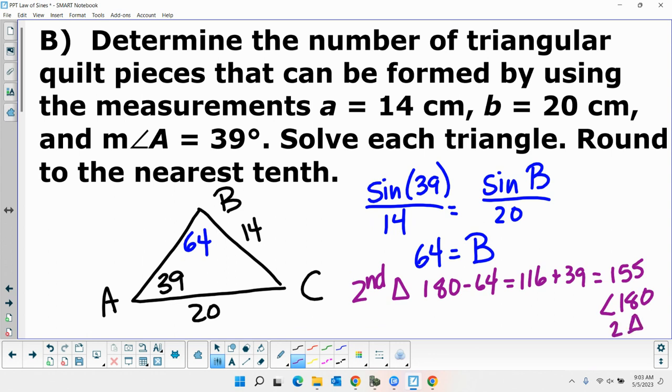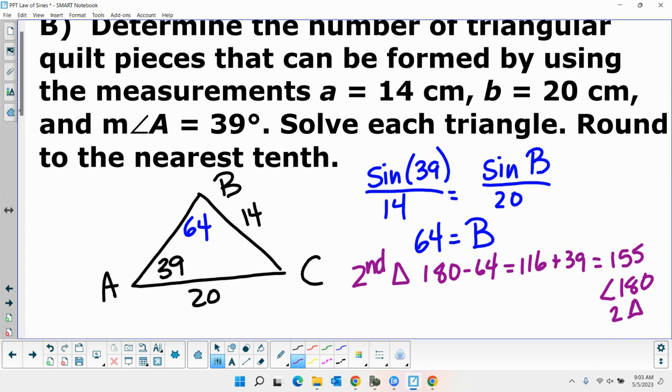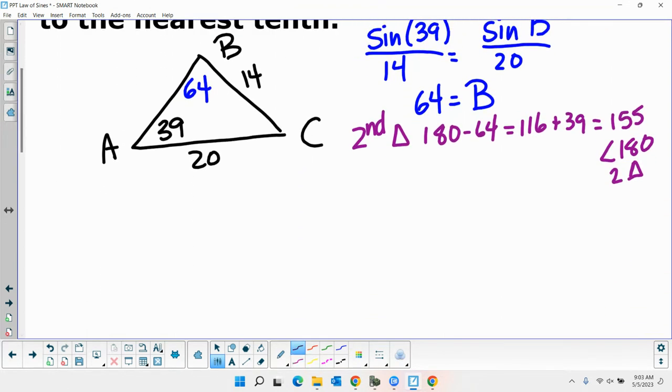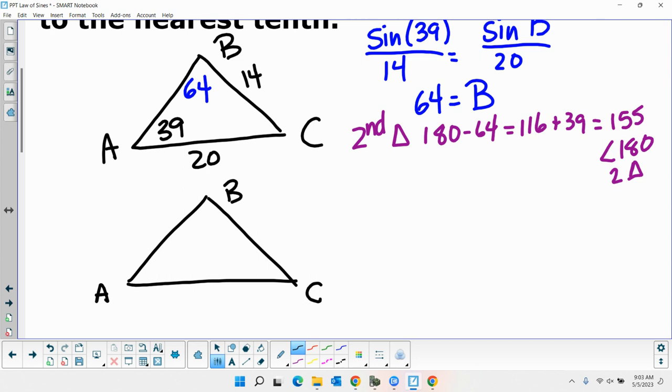All right. So what I do is start drawing that one too. The original stuff doesn't change. But my new angle B is the supplement of the 64 that we got.